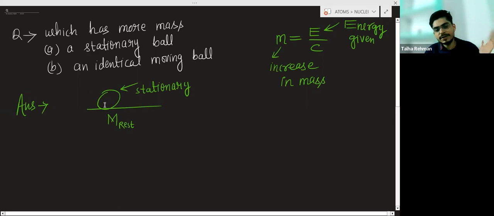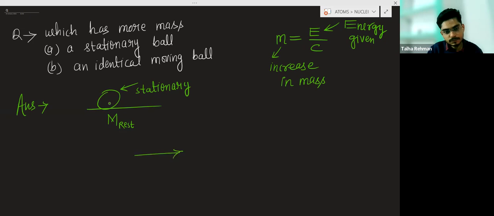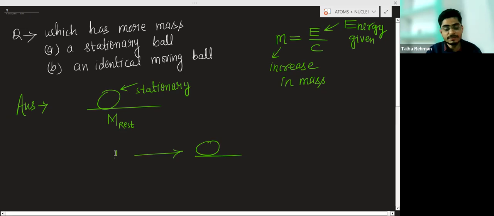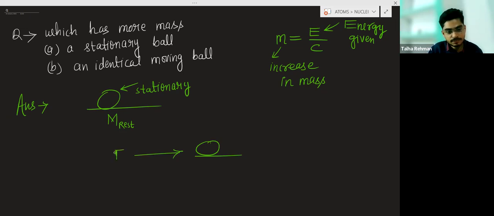Someone has given energy, so that now this ball starts motion. If this ball starts motion, this ball will have kinetic energy.